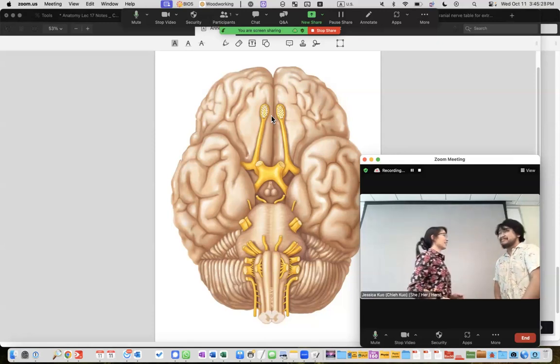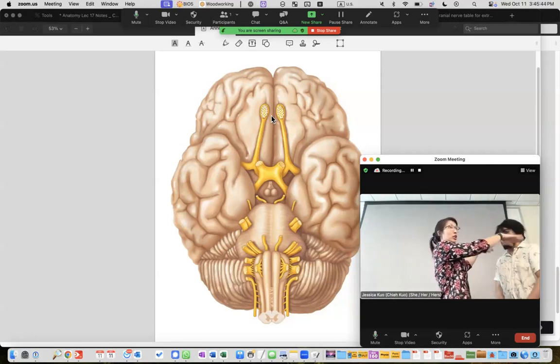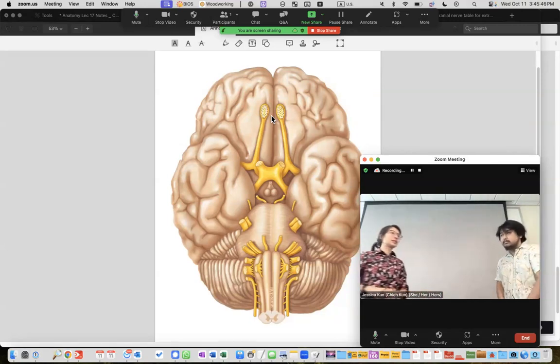Very good. Because if that nerve is damaged, you'll be able to push their face to one side. They wouldn't be able to resist that as well. And then, can I have you shrug against resistance while I try to push it down? Good. Okay, so that's 11, accessory nerve.